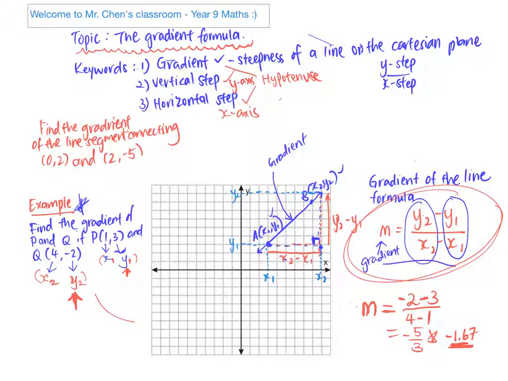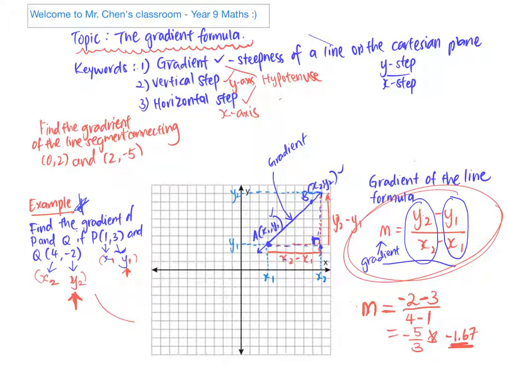I want you to find the gradient of these two coordinates using that gradient of the line formula. Then you should pause the video and watch it back once you have the answer.